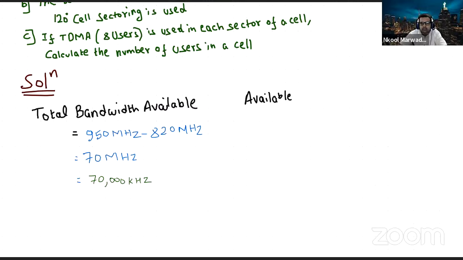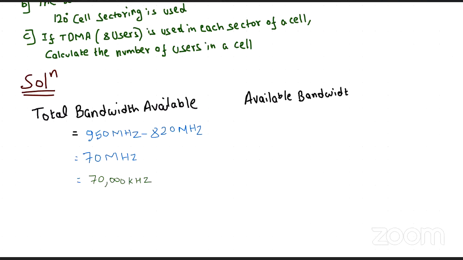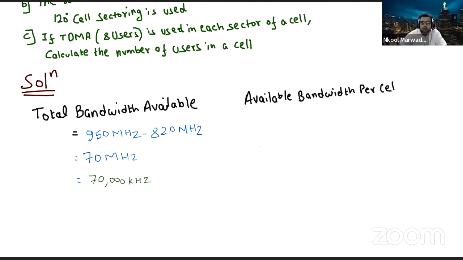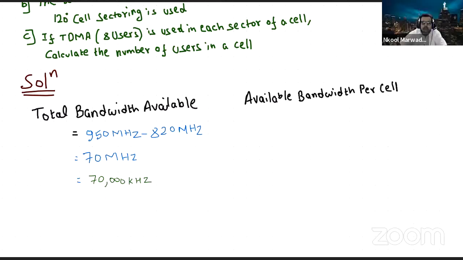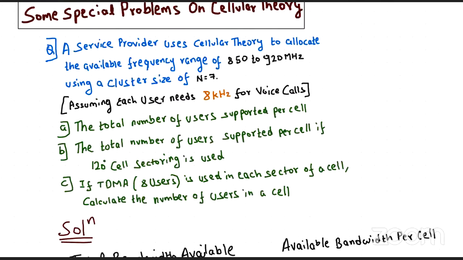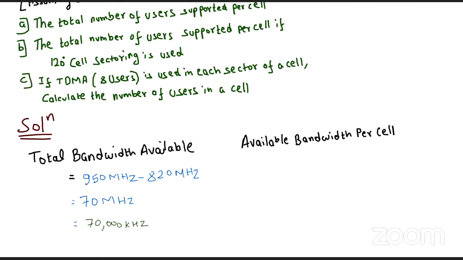Available bandwidth per cell, what will it be? Cluster size is 7. So there are 7 cells in a cluster.